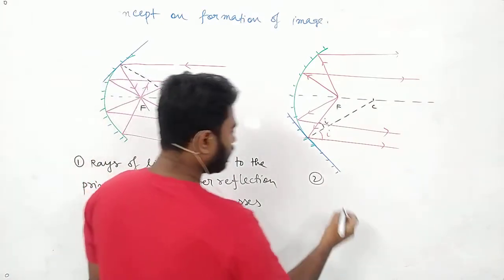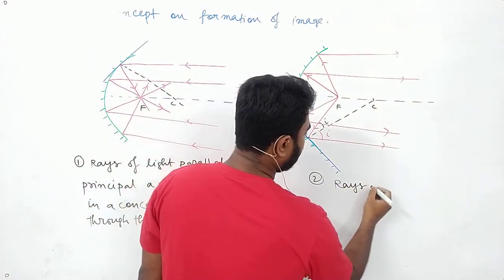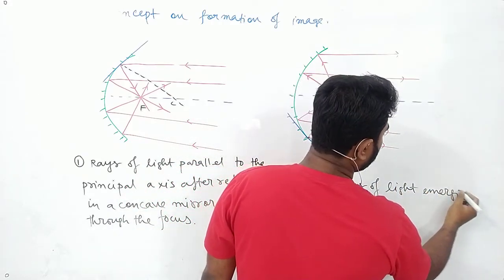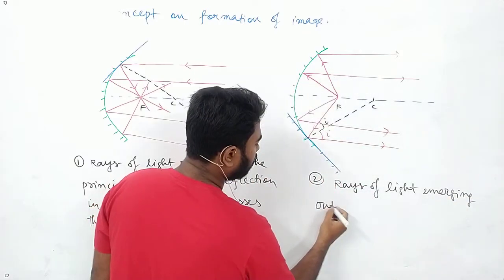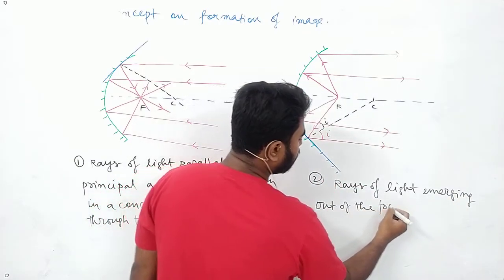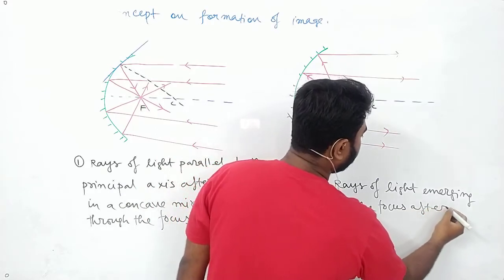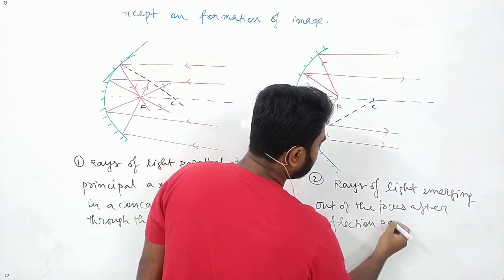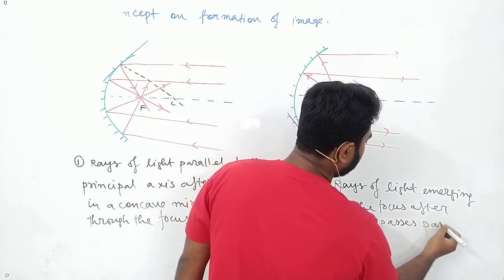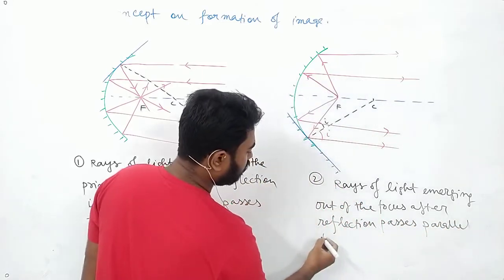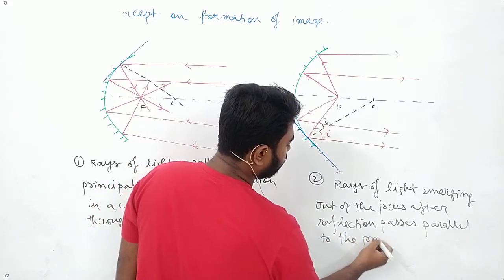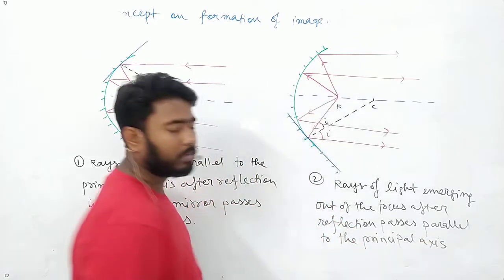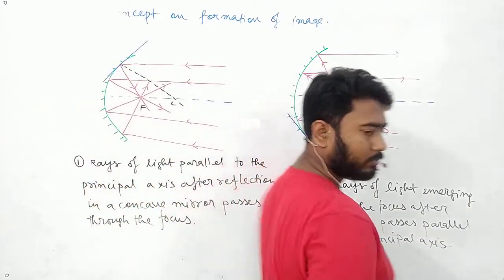Okay, so in this case, rays of light emerging out of the focus after reflection pass parallel to the principal axis. Can we write this one?